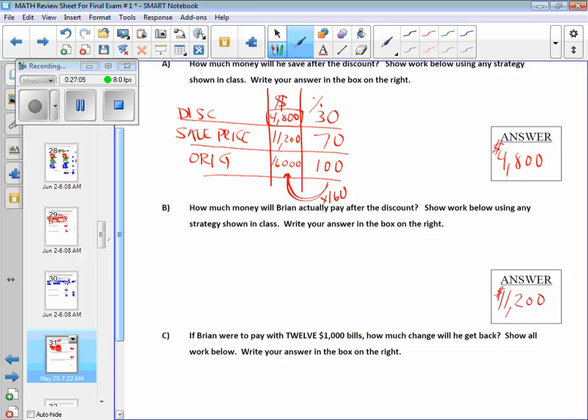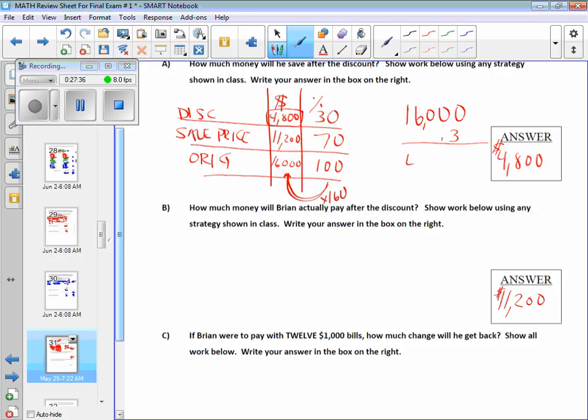You want to do it your way? Yes. All right. The shortcut, I taught this to you a little bit, but some of you just knew how to do it, I guess. We took the 16,000 and we multiplied by the decimal equivalent for 30%, which is what? 0.3 or 0.30.